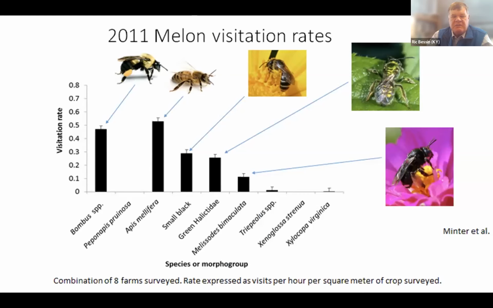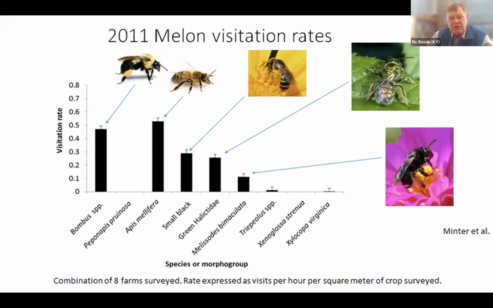This is some data on melons, and you can see bumblebees, Bombus, are very important. Apis mellifera, that's our honeybee. We have small black bees, with several dozen species there, as well as those small green bees. Another one we have, at least here in Kentucky, is Mesotrichia bimaculata, a really fast black bee that seems to be very important.